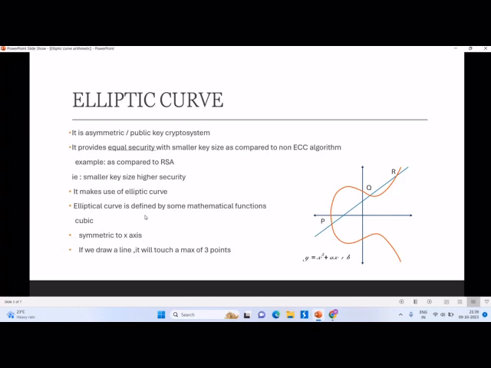So it is symmetric to the x-axis. If we draw a line, it touches a minimum of 1 and a maximum of 3 points. In this diagram, as we can see, the curve starts from P, touches Q, and also touches R. So moving on to the next slide.